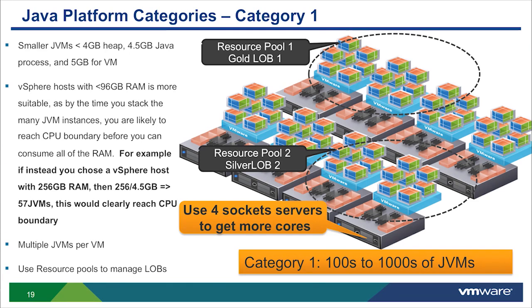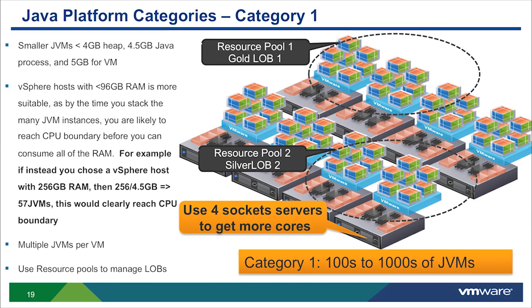So I find what they're actually dealing with is these large Category 1 systems. And because they have a lot of JVMs, they end up tracking to being CPU bound before they are memory bound, right? Because every JVM will have its own GC cycle, and every GC cycle obviously chews up a lot of CPU. So it is important to try and consolidate the number of JVMs and pick the right sort of hardware.